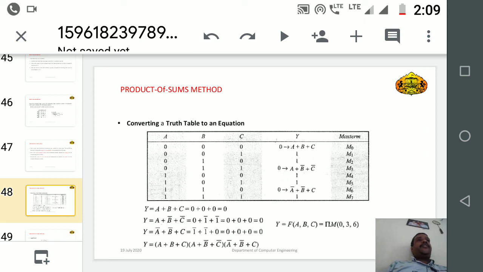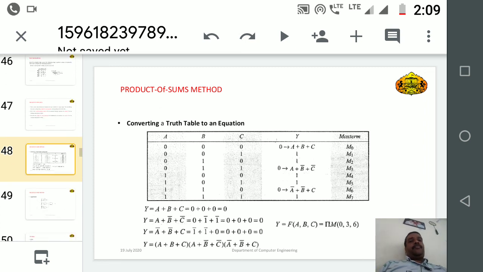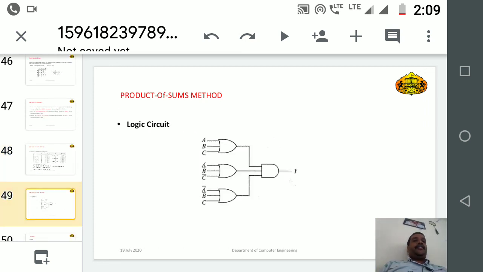This is exactly the reverse of the SOP. Here you observe capital M, whereas in the SOP there is a small m. Here you take the output for 0, and in the SOP you take the output for 1. If you read this properly, then you can easily understand it.